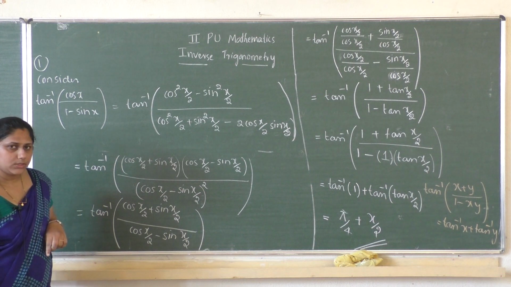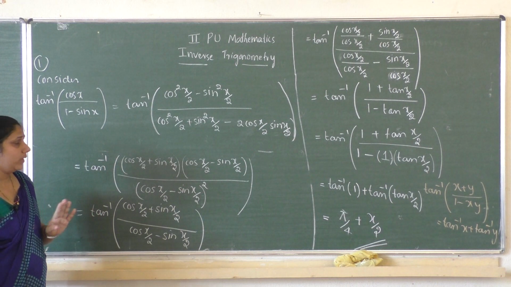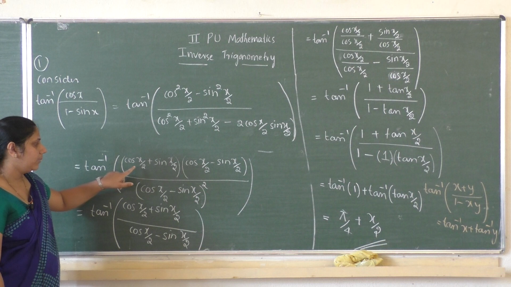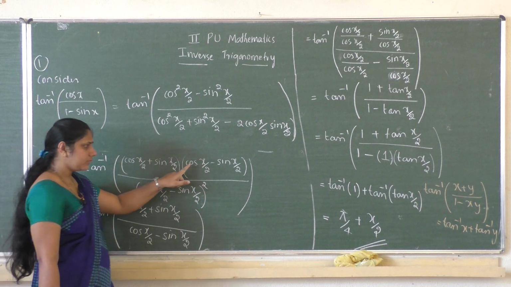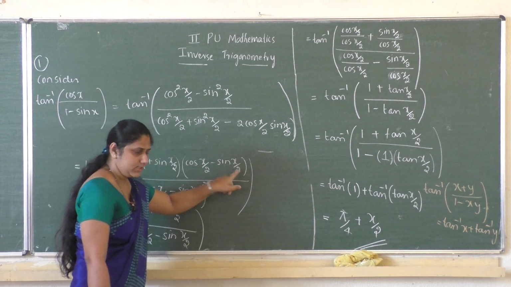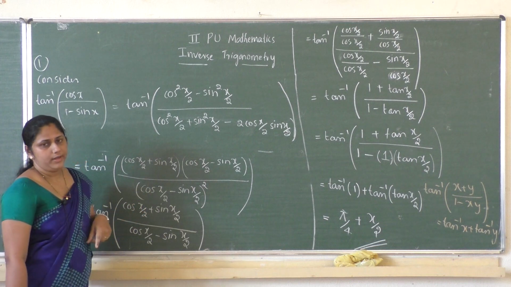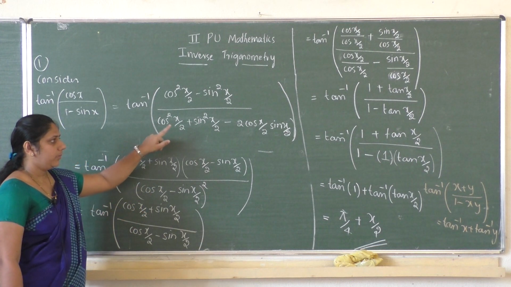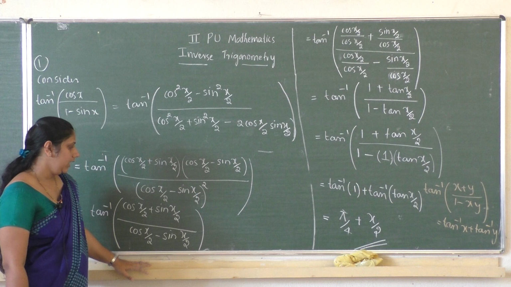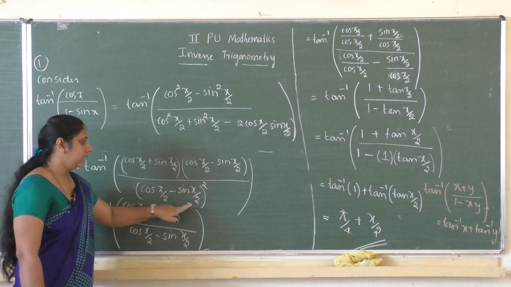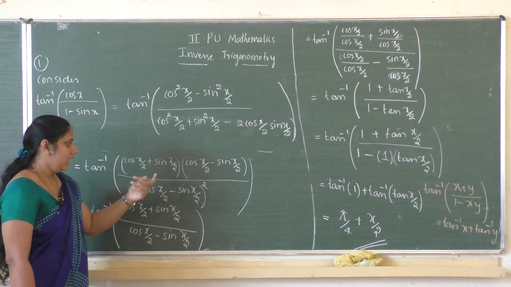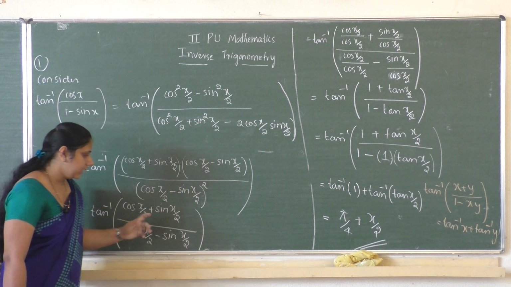And the numerator looks like a square minus b square, so it can be written as a plus b into a minus b. Similarly, the denominator looks like a square plus b square minus 2ab. It is the same as a minus b whole square, and one a minus b term gets cancelled.